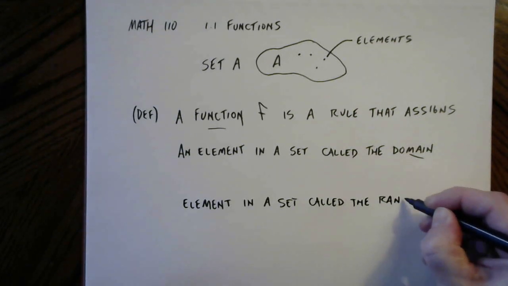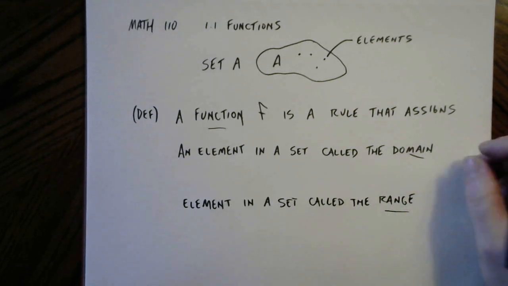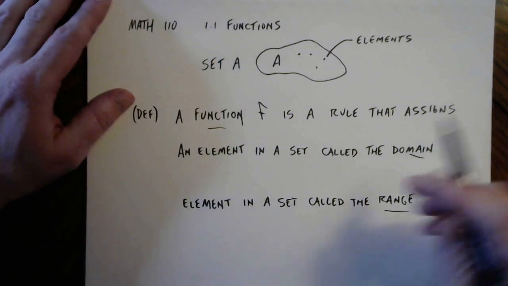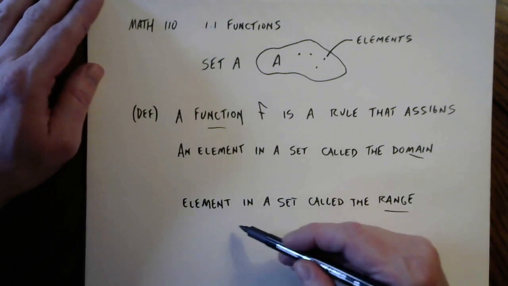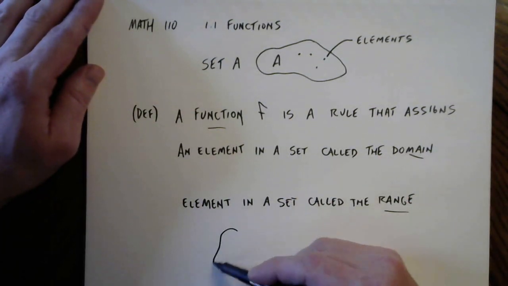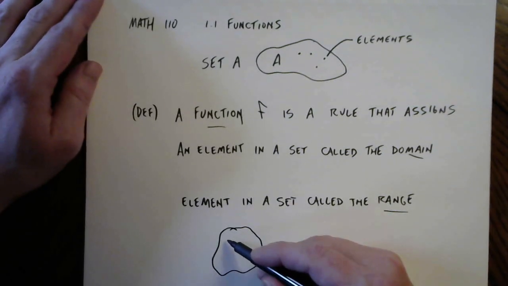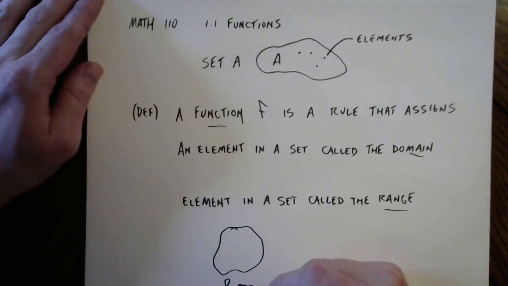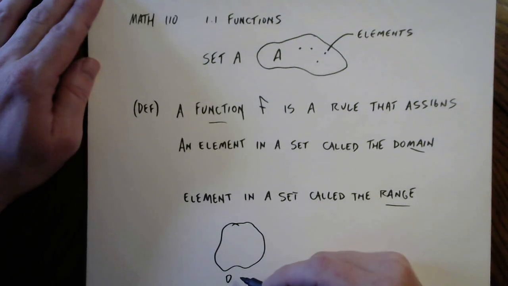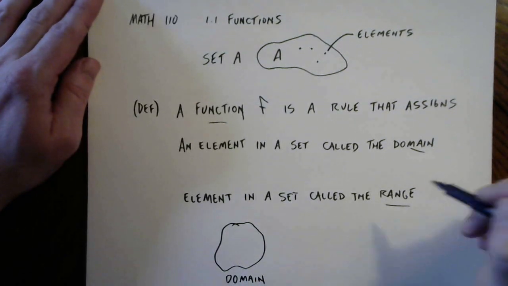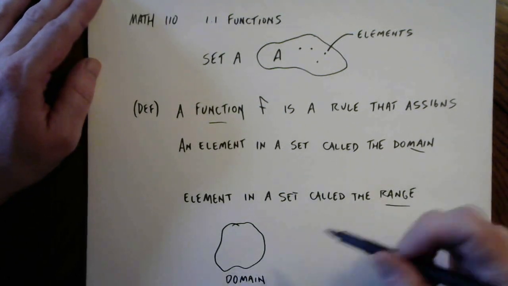So two sets of interest here. So the typical sort of diagram might look like this. I'll use these blobs again. This is going to be my domain. These are my inputs.